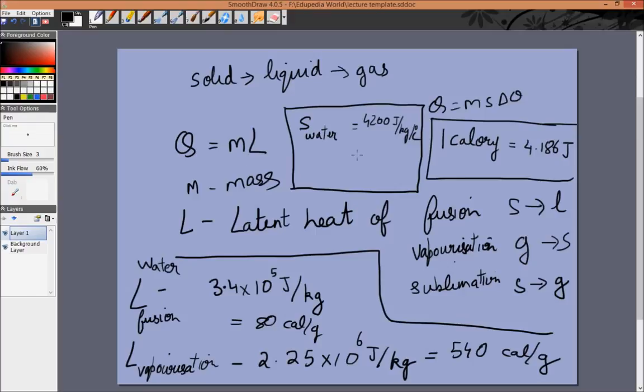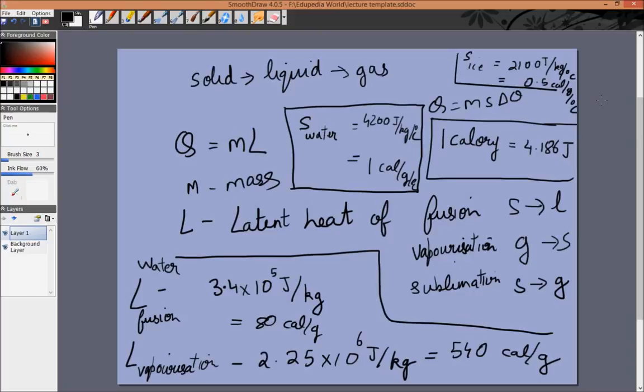This is also equal to approximately 1 calorie per gram per degree centigrade. And specific heat capacity of ice is just half of that of water. So that is 2100 joule per kilogram per degree centigrade, which is equal to 0.5 calorie per gram per degree centigrade.